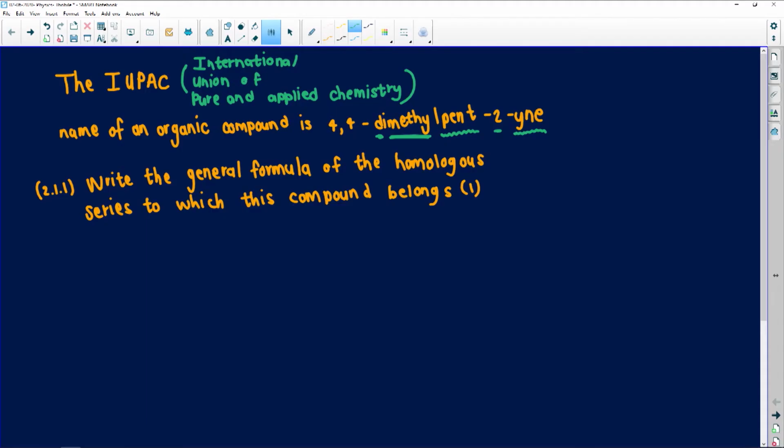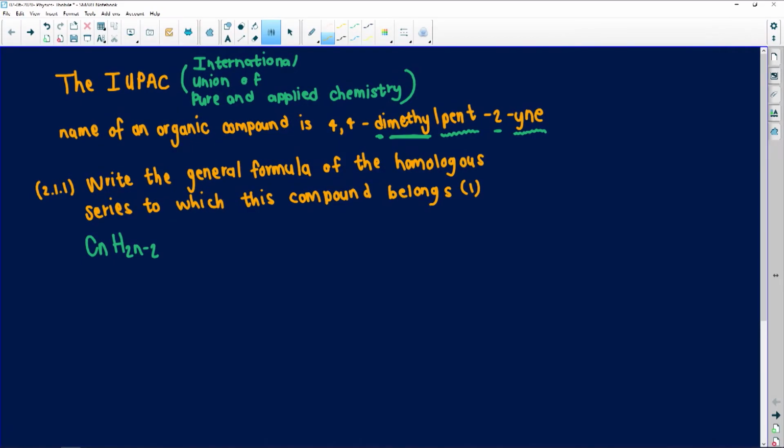YNE means it's a triple bond. Now, the general formula where there are triple bonds is CnH2n minus 2. And this is the general formula to which this 4,4-dimethylpent-2-yne belongs. So for 1 mark, they just wanted you to write this formula.